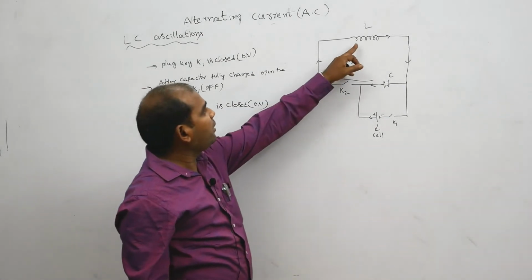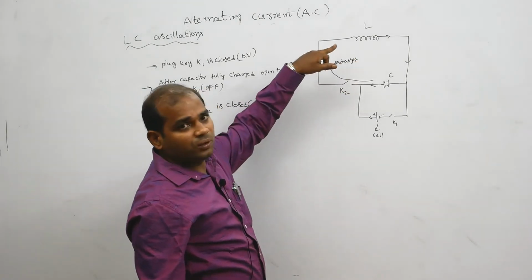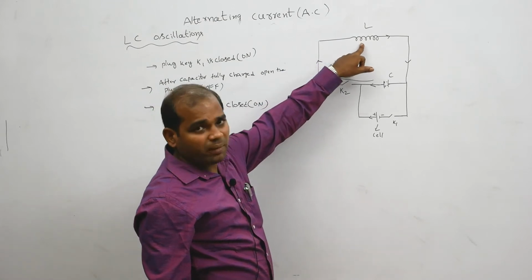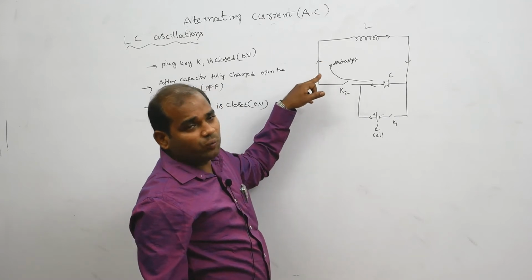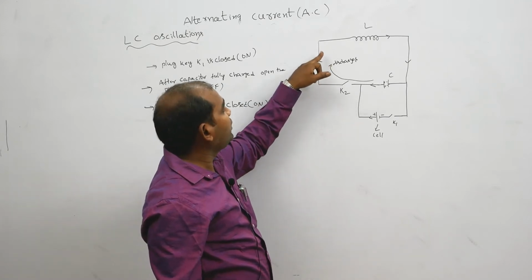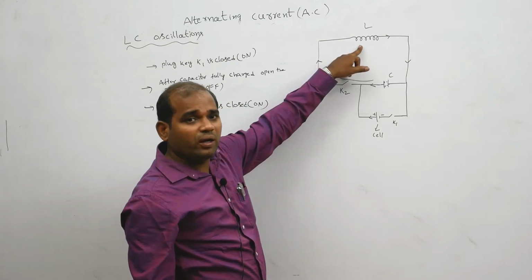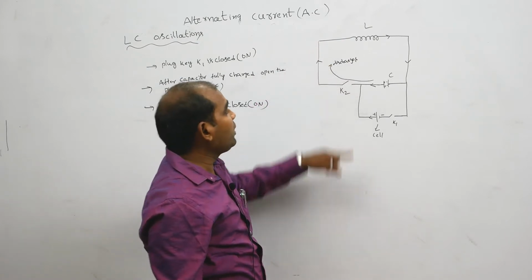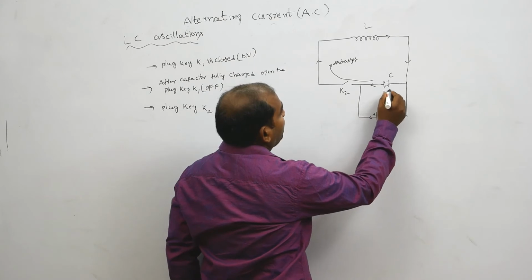The moment the magnetic field energy gets maximum, the current falls immediately to zero. When the current falls to zero, a back EMF is produced in the same coil to maintain the flow of current in the same direction, in such a way that this capacitor gets charged with opposite polarity.